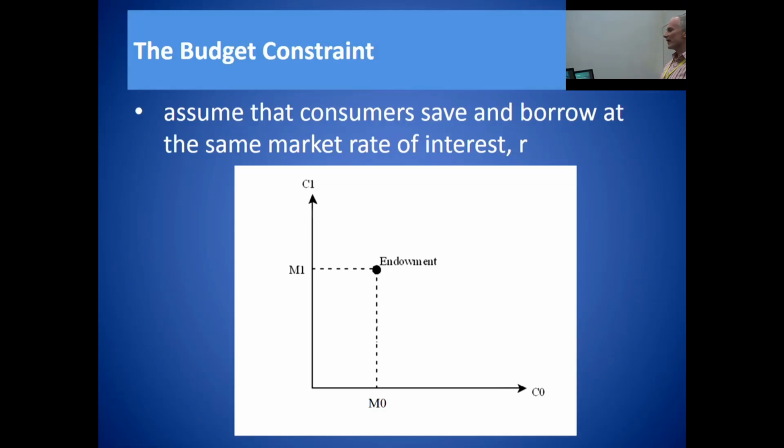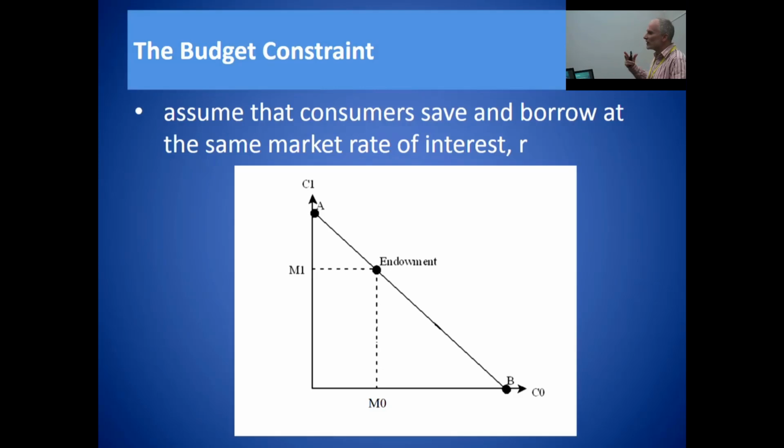So, given this common rate of interest, this line here, running from point A on the far left, all the way to point B, and going through the endowment point, denotes our consumer's intertemporal budget constraint.